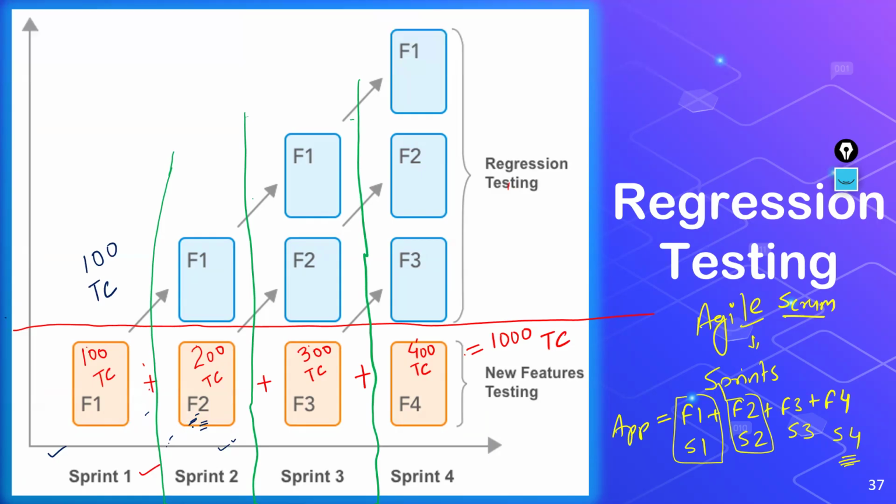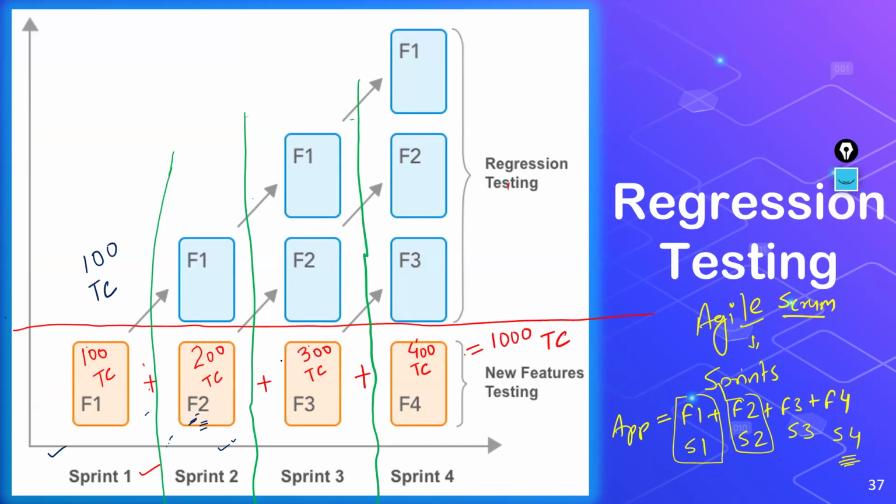And because of those changes, there are chances that there could be some errors in the previously implemented feature F1. But that's a theory. How would you verify that? I created this feature F2 and I am testing it with my 200 test cases.